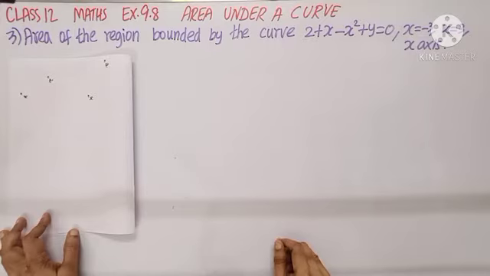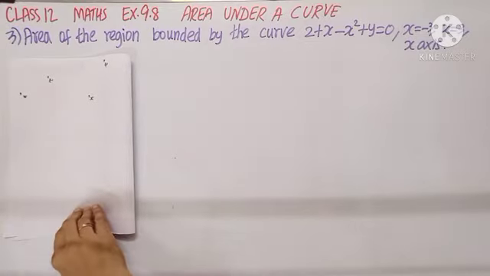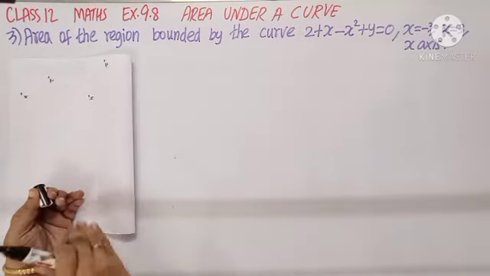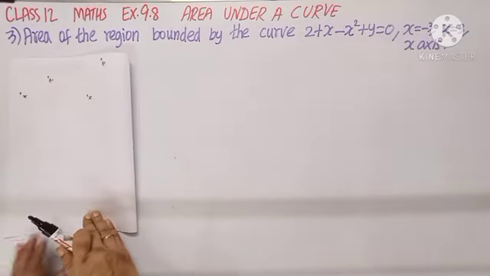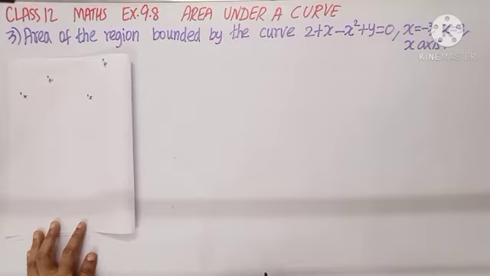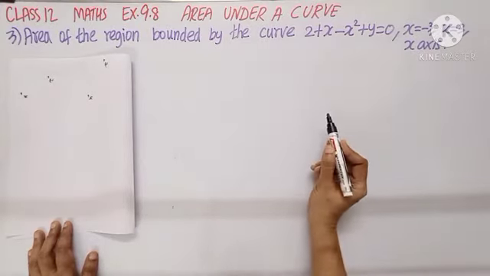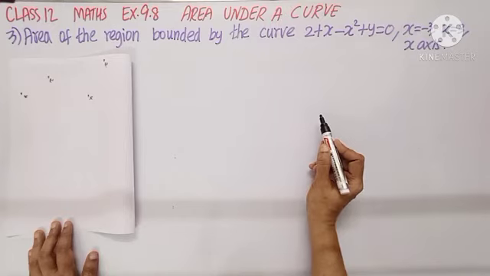Question number 3. Area of the region bounded by the curve 2 plus x minus x square plus y equals 0, x is equal to minus 3, x is equal to 3 and the x-axis. As I look at the curve equation, let me guess what type of curve it will be.